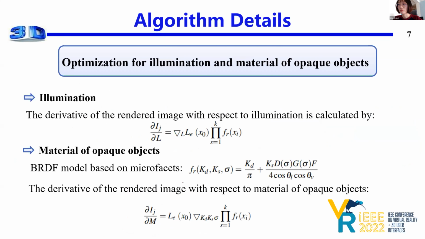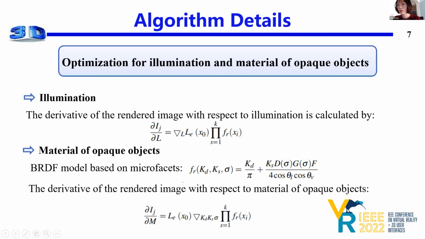Next, we will introduce the derivative of the rendered image with respect to illumination and the material of opaque objects. The unknown parameter of the light source that affects the rendered image is the intensity value of each area light source. The derivative of the rendered image with respect to illumination is shown in this equation.